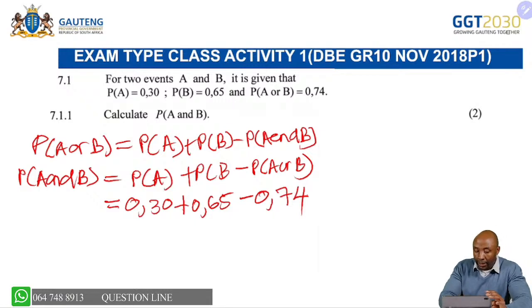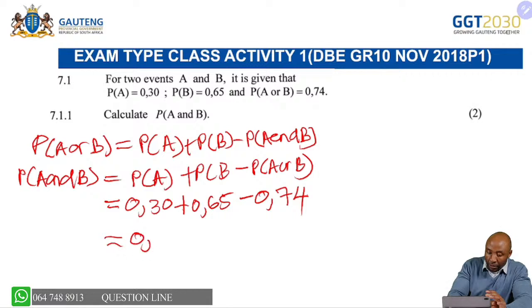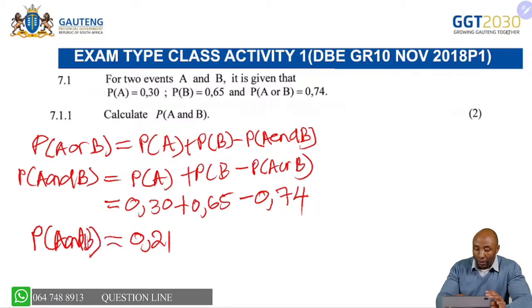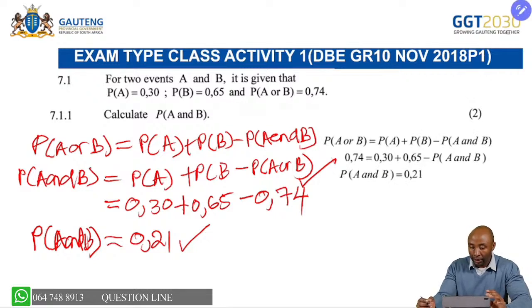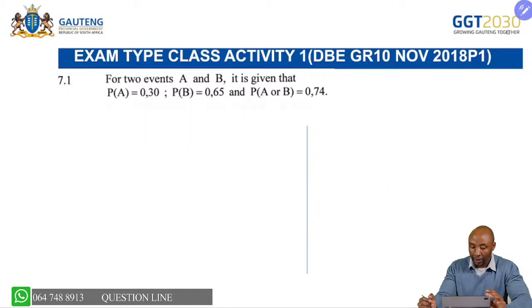If we add this one, we get 0.95 minus 0.74, and that will give us 0.21 as the probability of A and B. So for the identity and substitution, we get 1 mark, and for the final answer, we get those 2 marks. Let's look at the next question. We got it as 0.21.